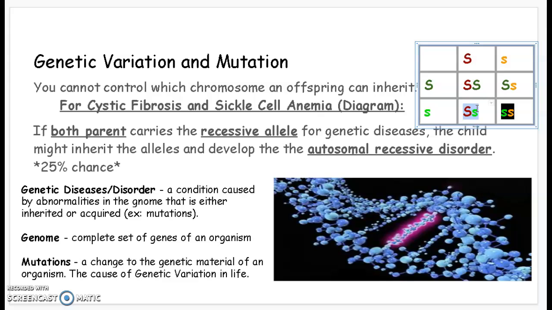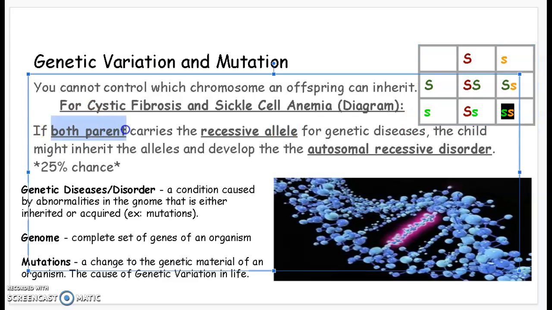But he or she is still fine. Now this is the issue. 25% chance the offspring is homozygous recessive. That means you have the disorder. 25% chance if both parents are heterozygous.